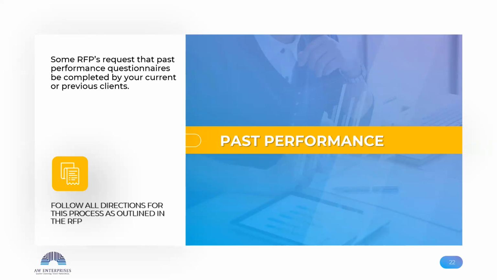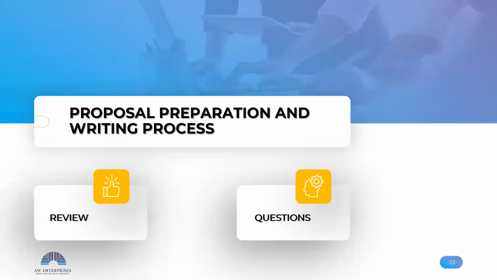Or if you had new people coming into the government agency that are doing the same job, make sure that you introduce your company, that you might need past performance from time to time. Keep that door open, with communication, because you're going to always need somebody to vouch for that past performance. Okay, and make sure you follow all directions for the process as outlined in the RFP, Section L. Okay.